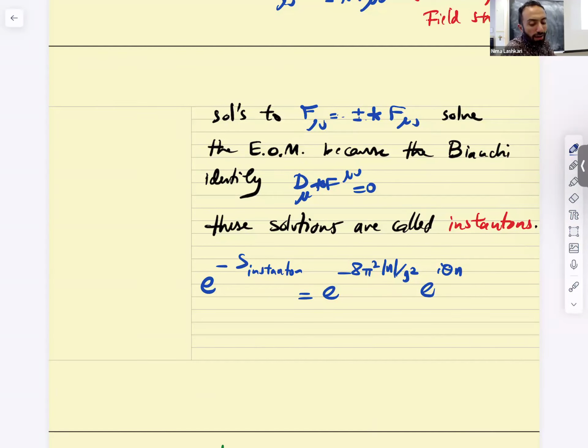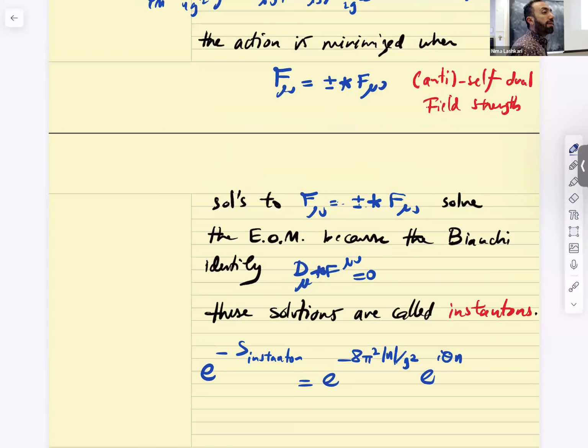Now, why is this a powerful method? You know why? Why is trying to solve the self-duality or anti-self-duality equation significantly easier than solving the equations of motion? Of course, it's not equivalent to it.